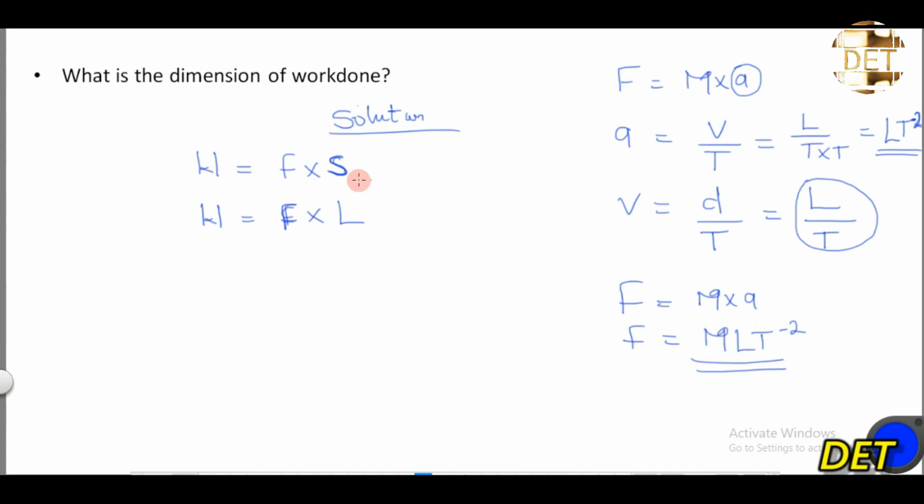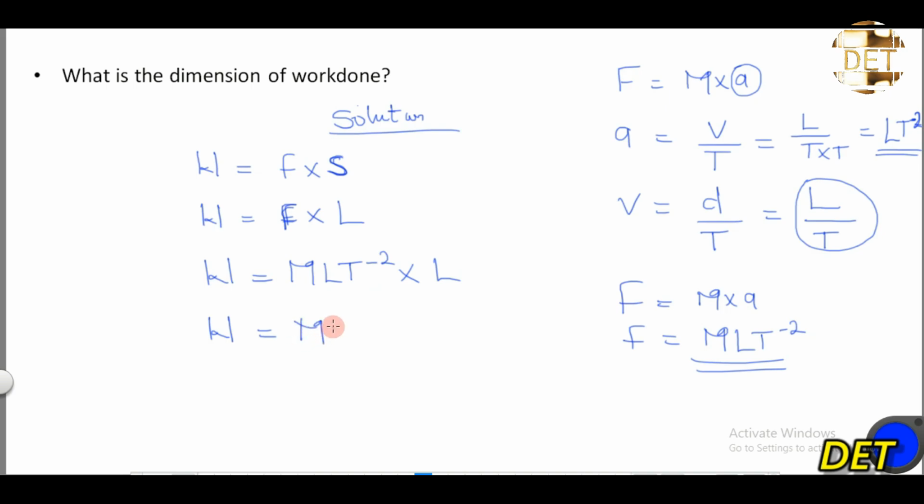So I can simply put that here, that my work done is equal to force times length, right? So the dimension for force is M L T raised to the power of minus 2, times the L that I have here. That is my dimension for work done. L times this L will give me L squared, right?